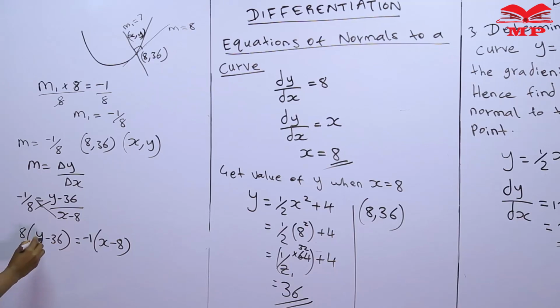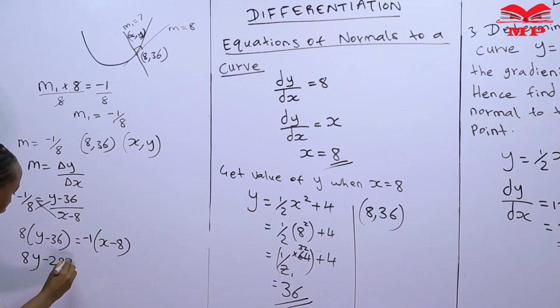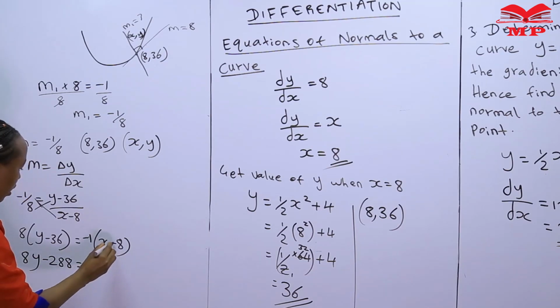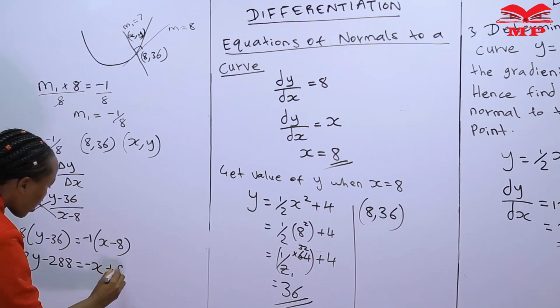So we are going to open the brackets. We have here 8y. Then we have 36 multiplied by 8, that is 288. We have minus 288 is equal to -x. Then negative and negative, +8.